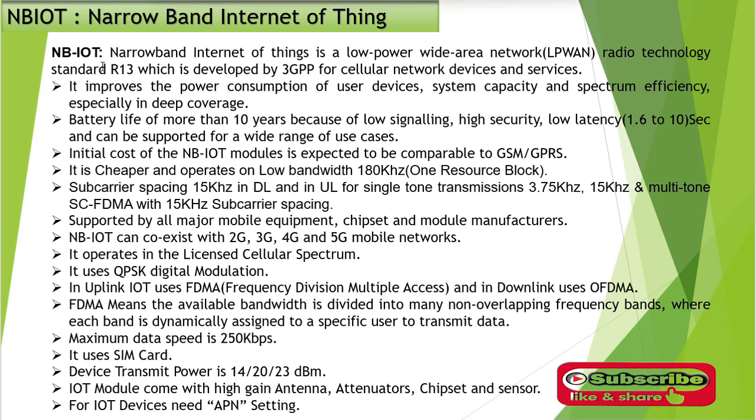It is a Release 13 standard, developed by 3GPP for cellular network devices and services. It improves power consumption of user devices, system capacity, and spectrum efficiency in deep coverage where LTE coverage cannot reach.